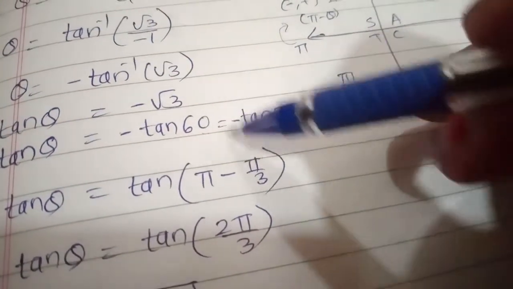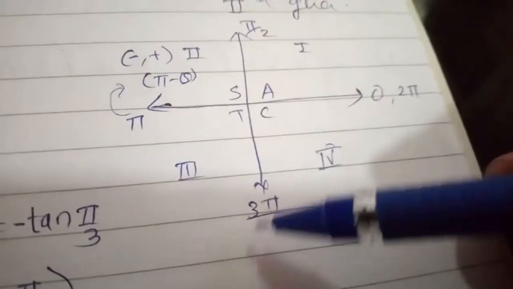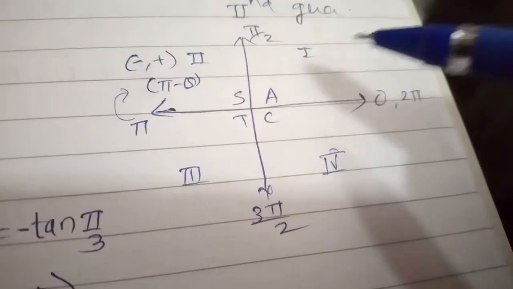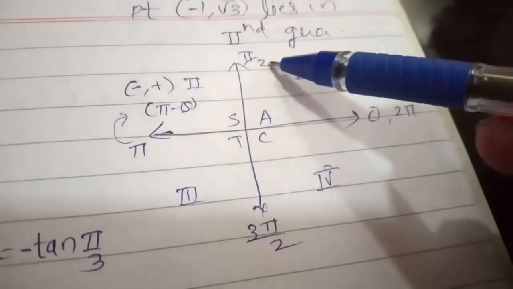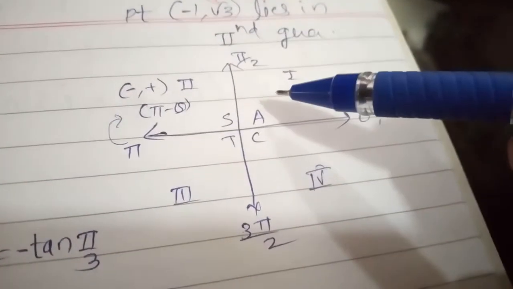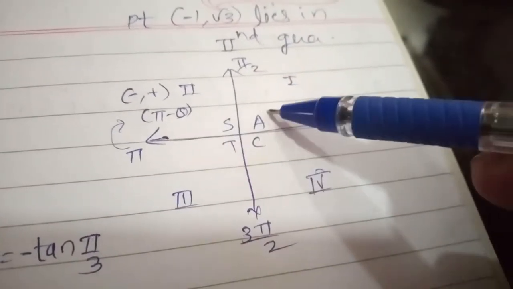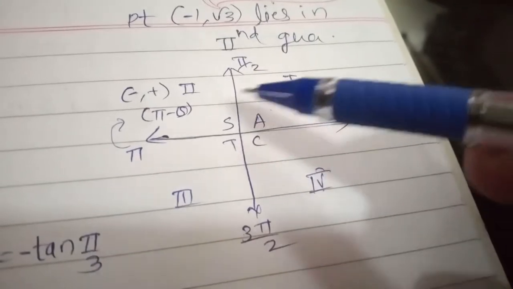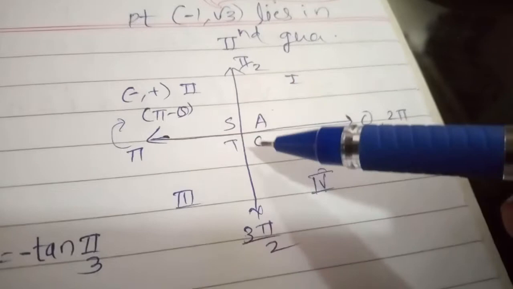So first we have to convert this minus into positive form. So we draw the figure again. We already learned it in the trigonometric functions. So this one is 0, pi by 2, pi, and this one is 3 pi by 2. This is the first quadrant, second quadrant, third quadrant and fourth quadrant. All ratios are positive in the first. In the second, sine and cosec; tan and cot; and cos and sec.